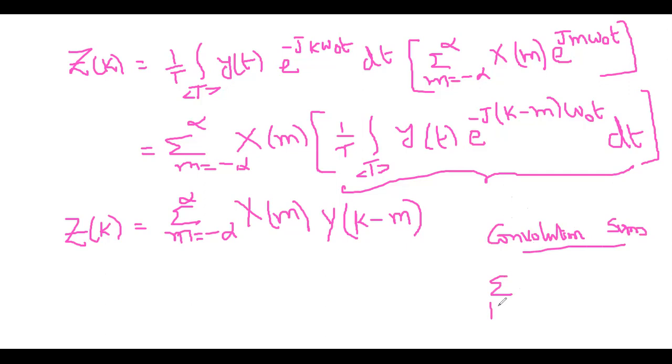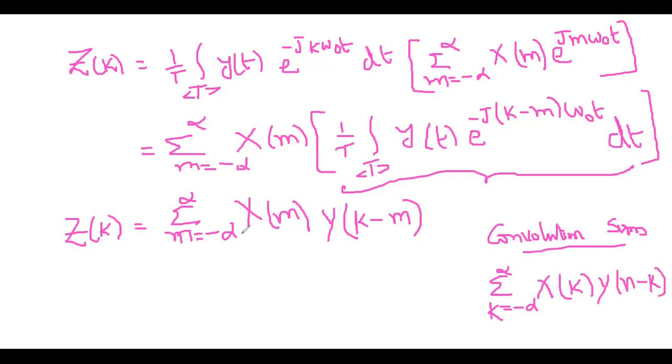The sum of k equal to minus infinity to infinity, x of k, y of n minus k. Here n is a capital letter, not a small letter.